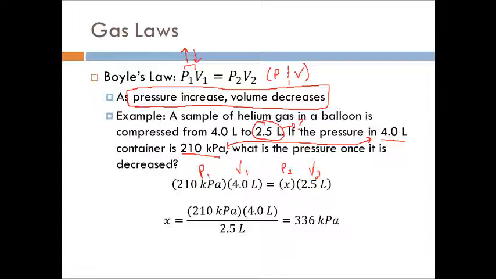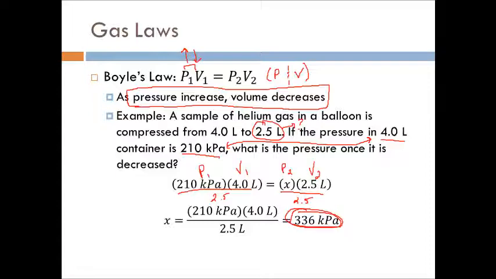Typically what you're looking for is going to be the second one. So I plugged everything in. To solve this, we divide both sides by 2.5, okay? So that means that you have 210 times 4 divided by 2.5, and that ends up being 336 kilopascals.